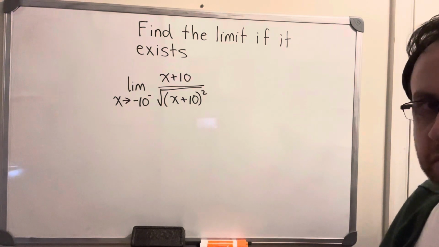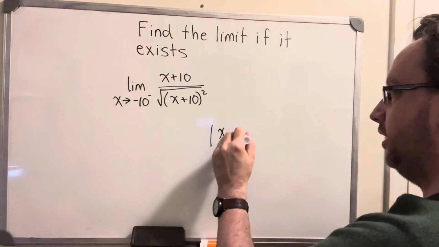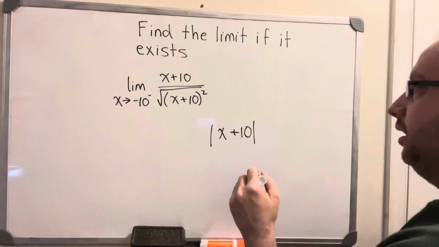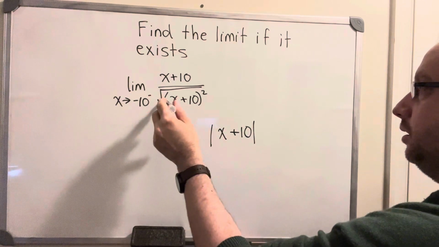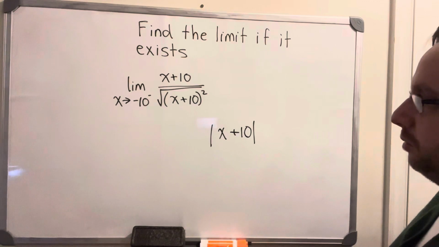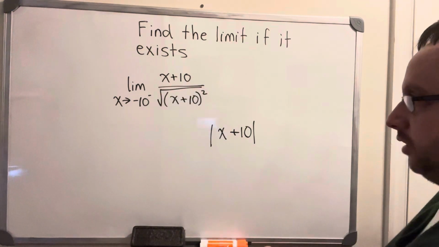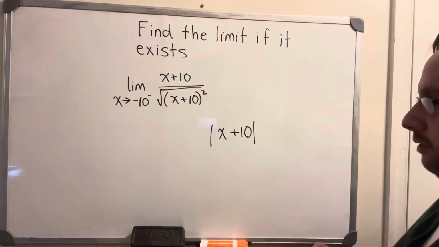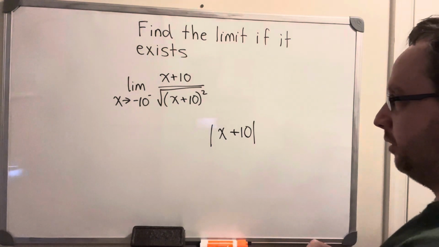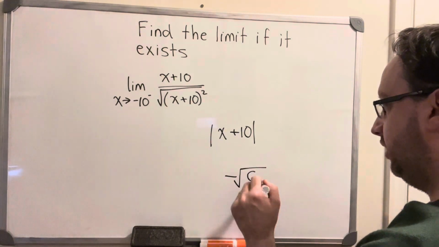It's the same as saying the absolute value of x plus 10, right? Because something squared is always positive. And when you take the square root, you only mean the positive square root. If you want to talk about the negative of a square root, you always have to put this.